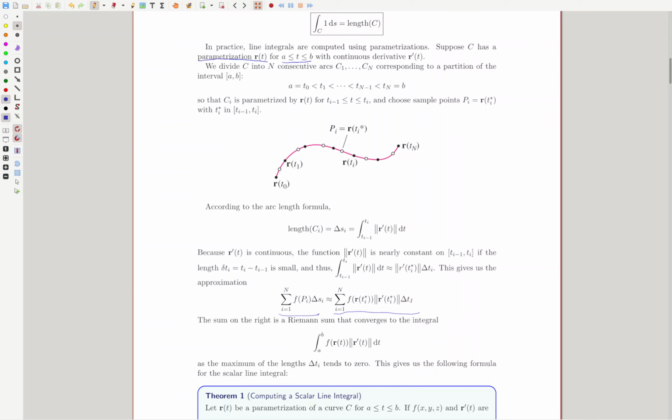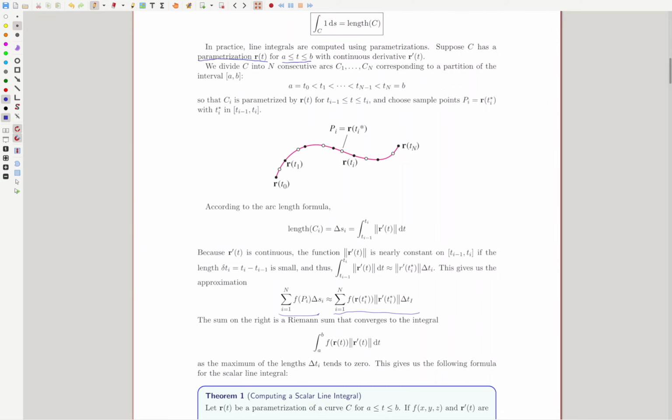The idea is that as these pieces get arbitrarily small, this change is more or less constant, and so this integral will end up corresponding to the length of the subinterval, which is going to be equal to delta s. So that's how this delta s ends up corresponding to this expression here.